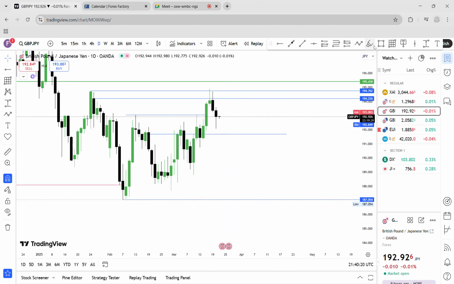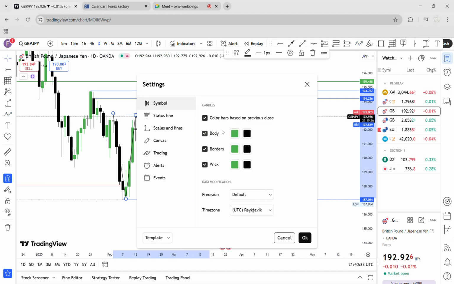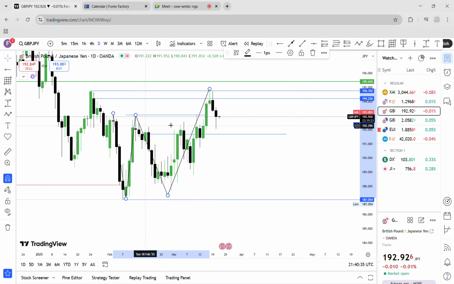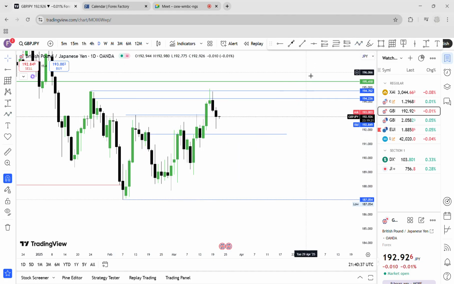And again, why? If you look here, this is a failure swing. Here, we were supposed to create a new lower low, but we failed. We came here and now continue going higher, which also means that the last up candle before the price movement down is this candle right here.